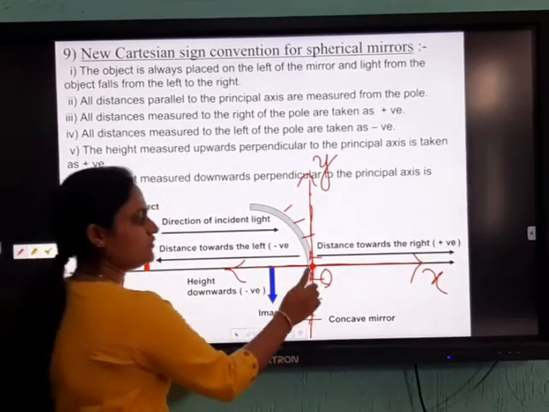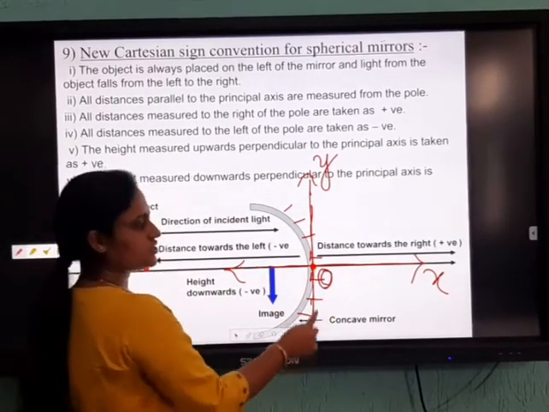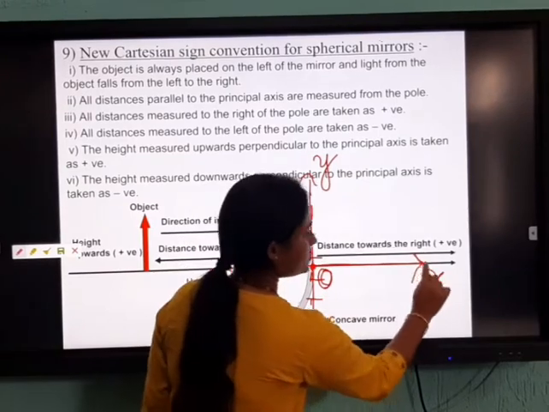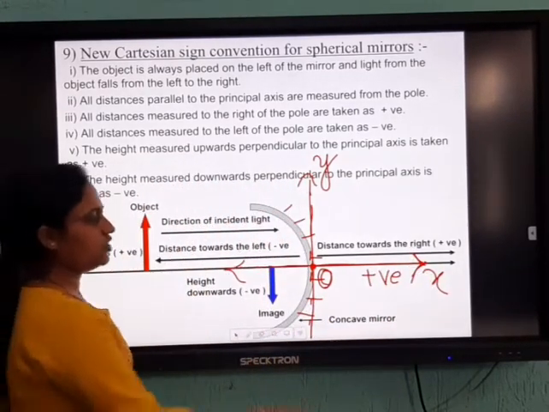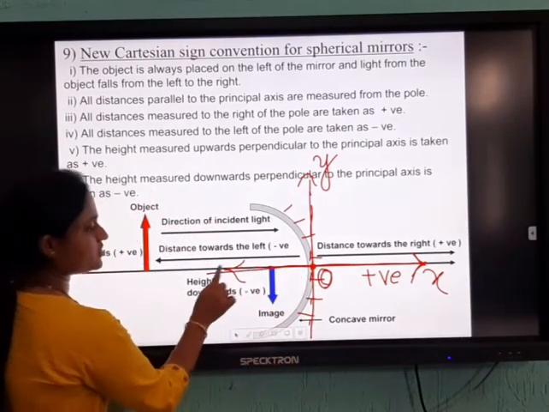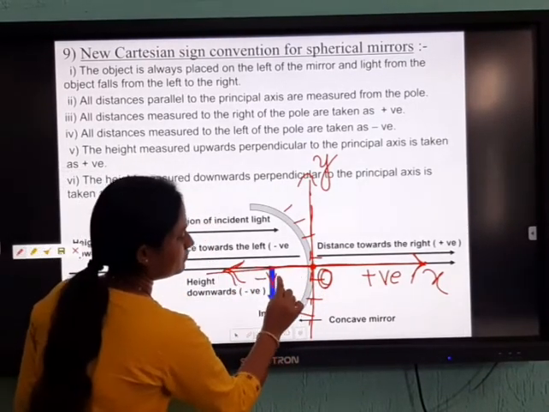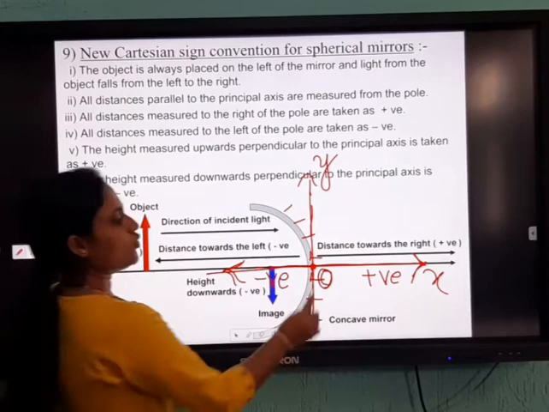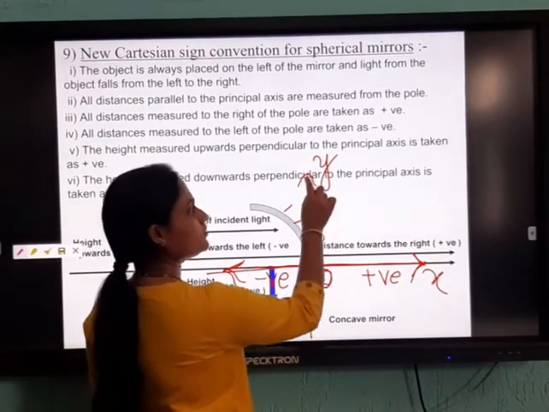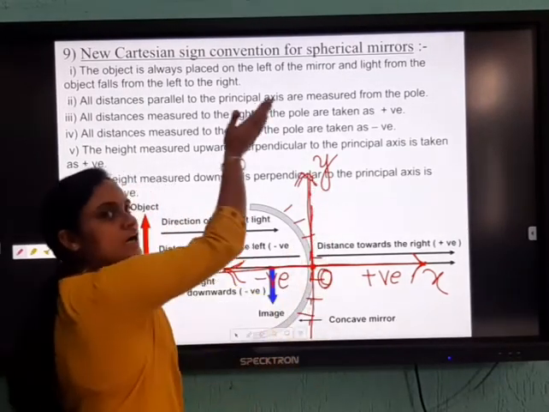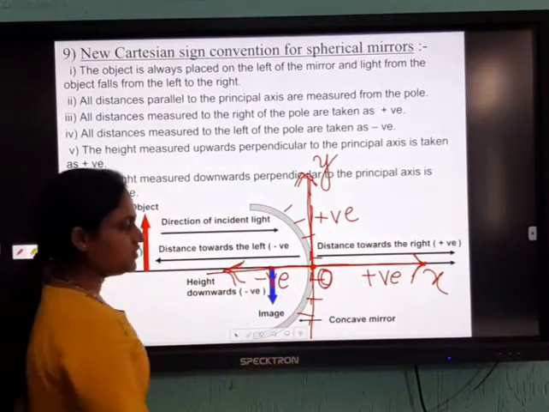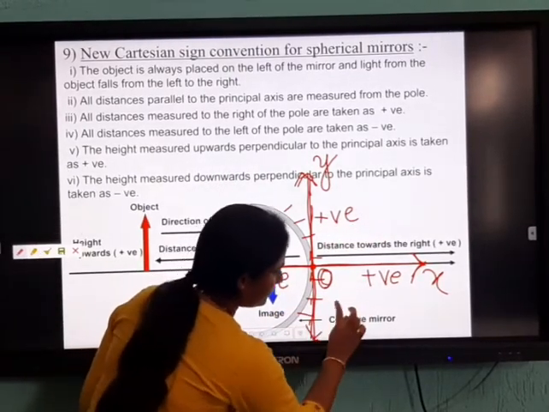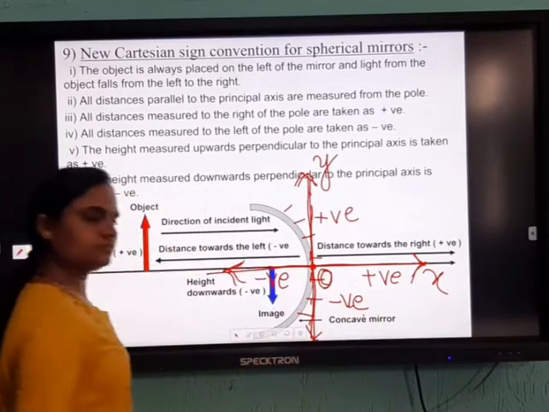From the pole of the mirror, that is from the origin, whatever distance is taken towards this side will be positive. Whatever distance is taken towards the left side will be negative. Next, whatever distance is taken perpendicular to the principal axis, upwards, is taken as positive. Whatever distance is taken downwards will be negative.